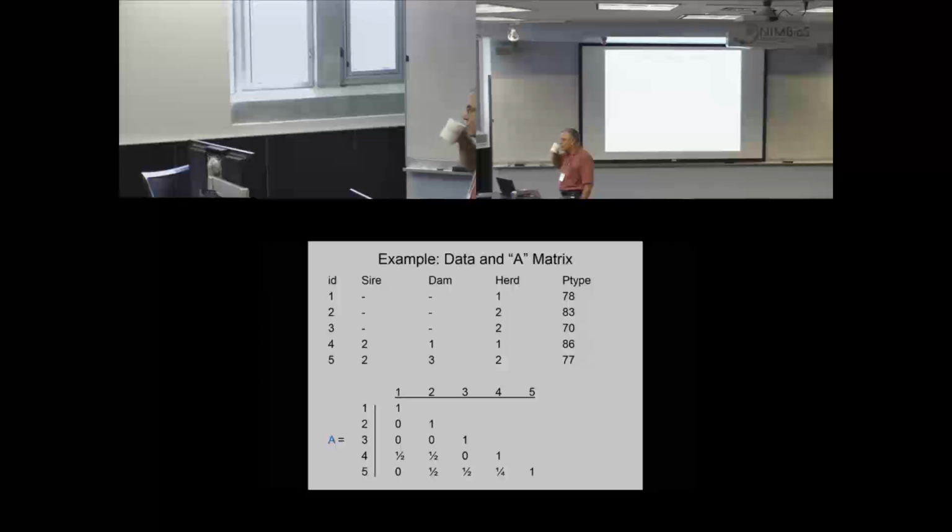Couldn't you have a uniform distribution of coefficients of relationship, like half, 1/4, and you do a distribution of A matrices to have a distribution of additive values? So you don't know the information, but it can be half, it can be 1/4, depending on the relationship. You could.